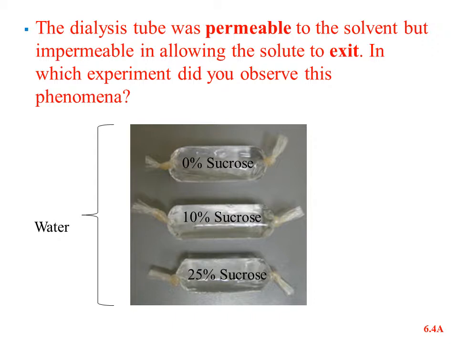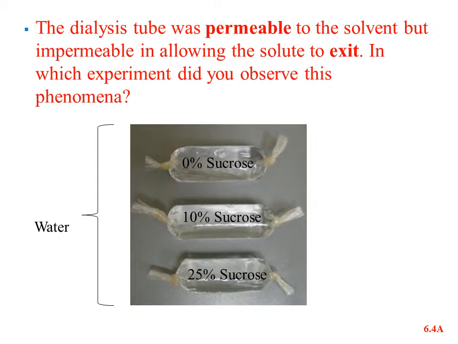In 6.4a, you put 0% sucrose in the first bag, 10% sucrose in the second bag, and 25% sucrose in the third bag. Therefore, the end results would mean that water would diffuse into the bag to dilute the concentration of sugar, since the sugar cannot diffuse out of the bag.